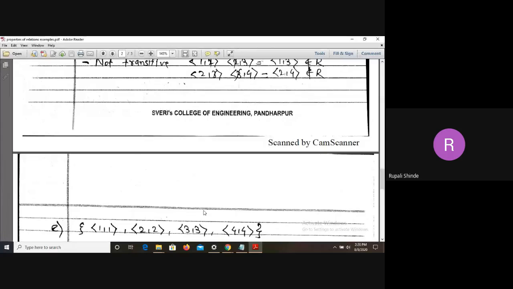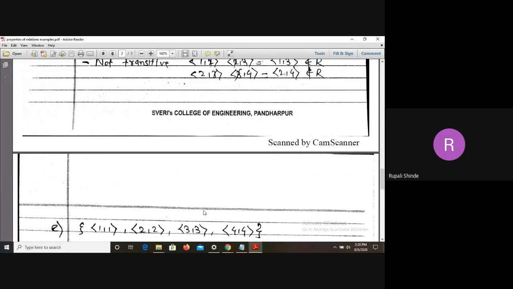Antisymmetric? Yes, because what we have seen is that every reflexive relation is an antisymmetric relation. That's why if this is symmetric, then it must satisfy the antisymmetric property as well.